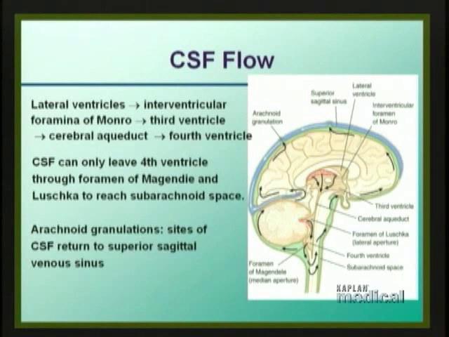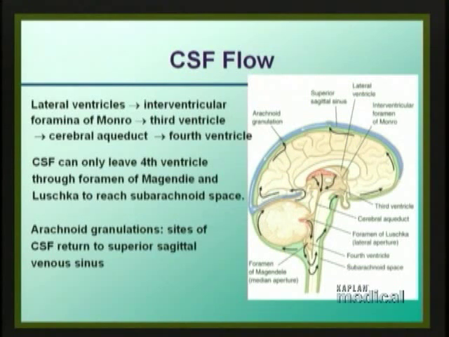So the flow of CSF is illustrated in text at the top of the image and then diagrammatically on the right. And the point is this: any CSF that's produced in either of the lateral ventricles must pass through an interventricular foramen of Monro into the single third ventricle. Any CSF that's collecting in the third ventricle must course down through the cerebral aqueduct to the fourth ventricle.